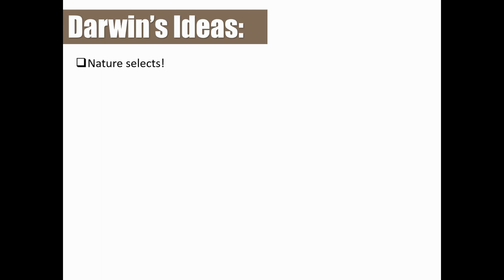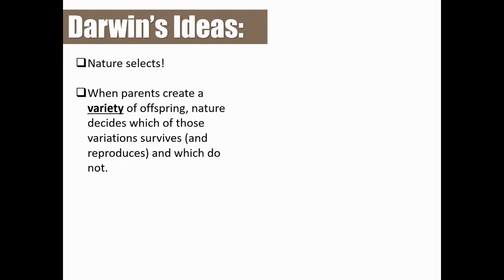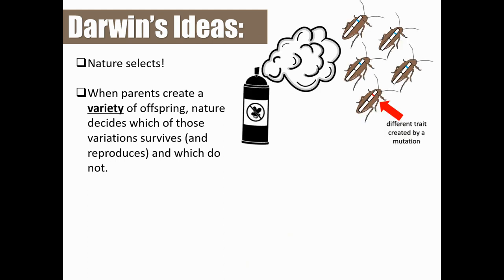Darwin basically said that nature selects for certain traits. And so when parents create a variety of offspring, and we talked about this in the last lesson, there's variety within that offspring. Nature decides which of those variations gets to survive and reproduce, and which do not.